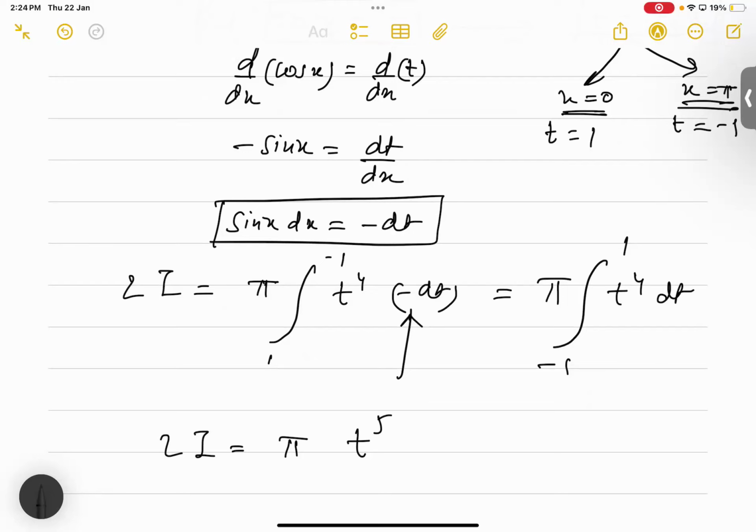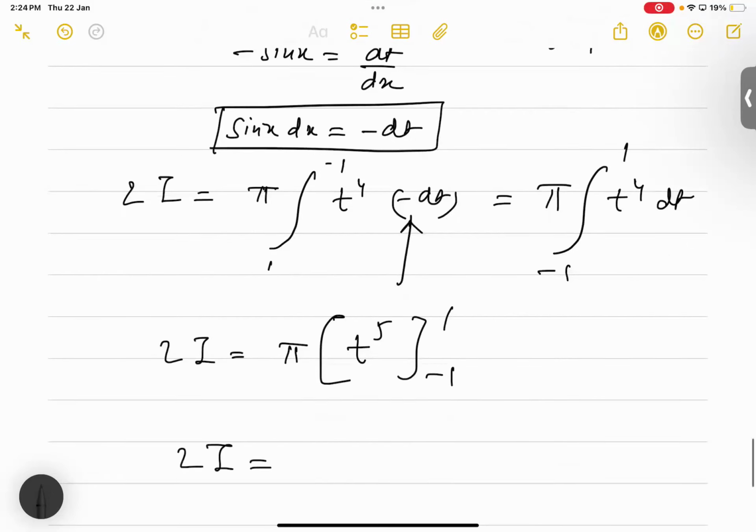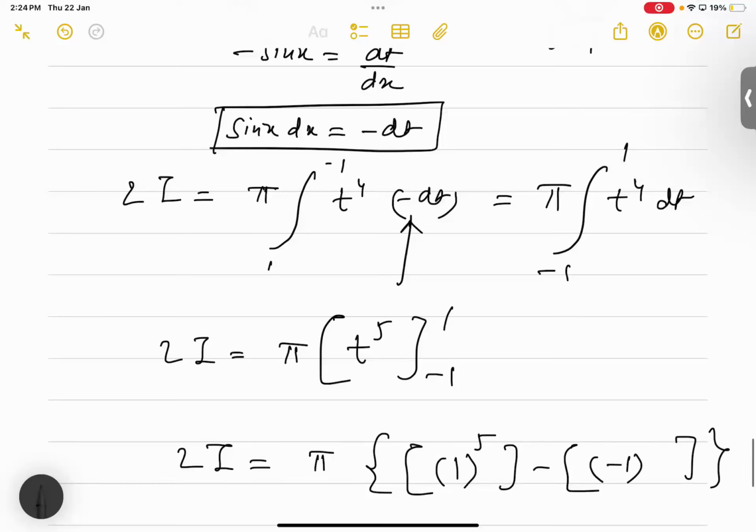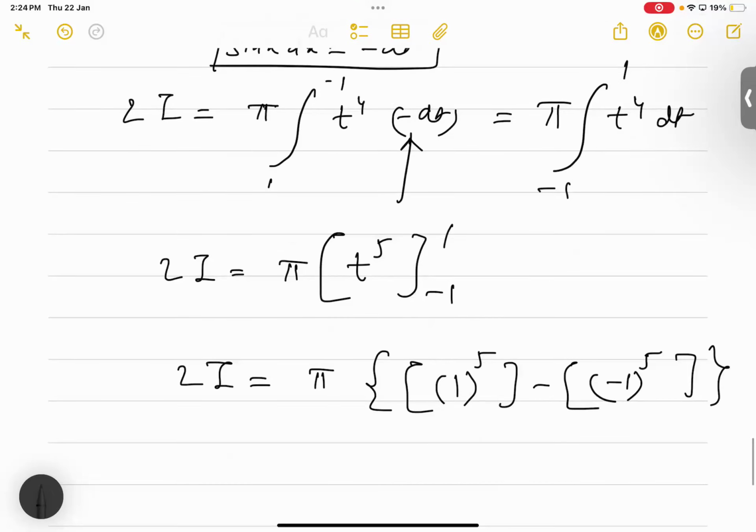T raised to 5 upon 5 from 1 and minus 1, box minus box. 1 raised to 5 minus minus 1 raised to 5.